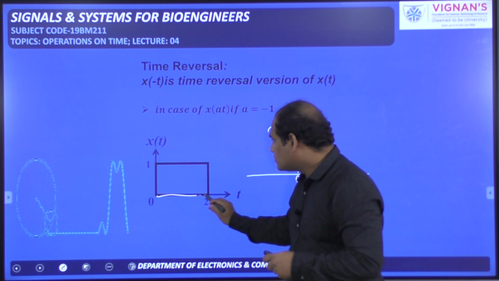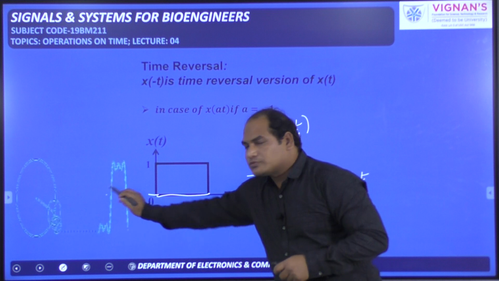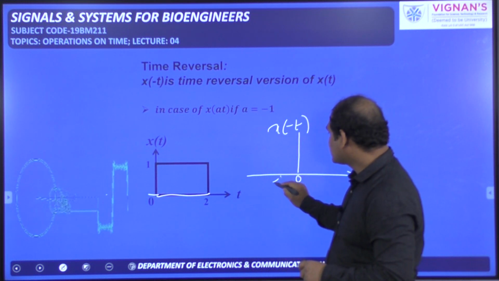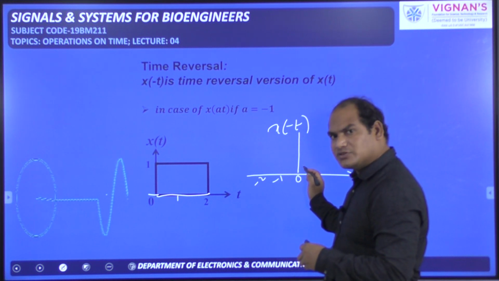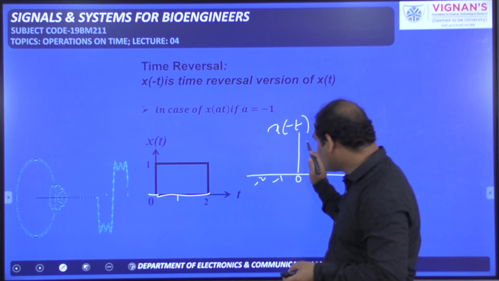0 to 2 becomes 0 to minus 2. Negative 0 or positive 0, both are zeros only, plus 0, minus 0. That's why it will be here only.